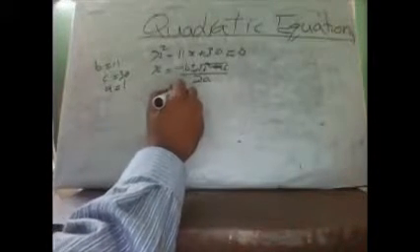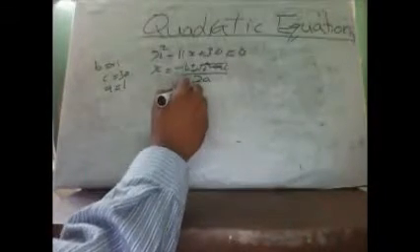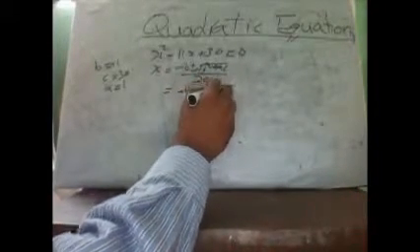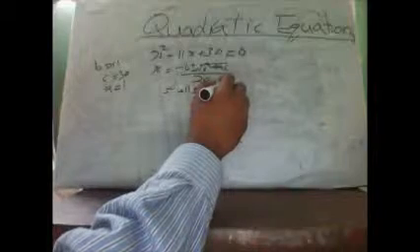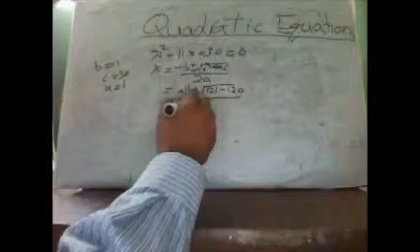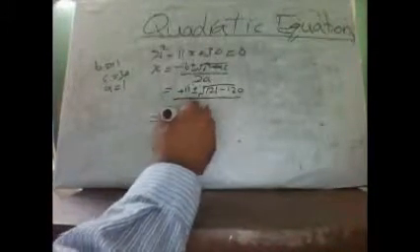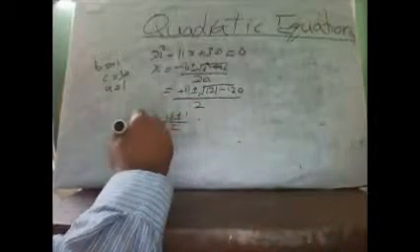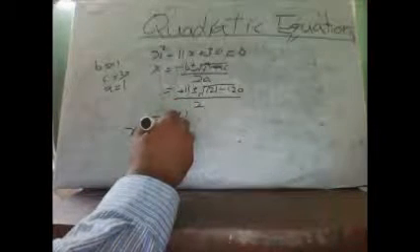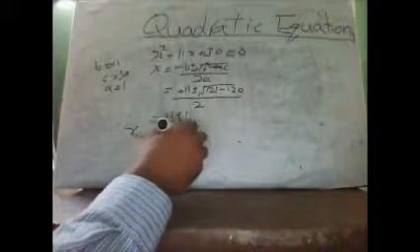So x becomes minus b, b is minus 11, so 11, plus minus root 121 minus 4ac, minus 120, divided by 2, which gives us 11 plus minus 1 upon 2, which means x is equal to 11 plus 1 by 2, that would be 6, and 11 minus 1 by 2, that would be 5. So our roots are 6 and 5.